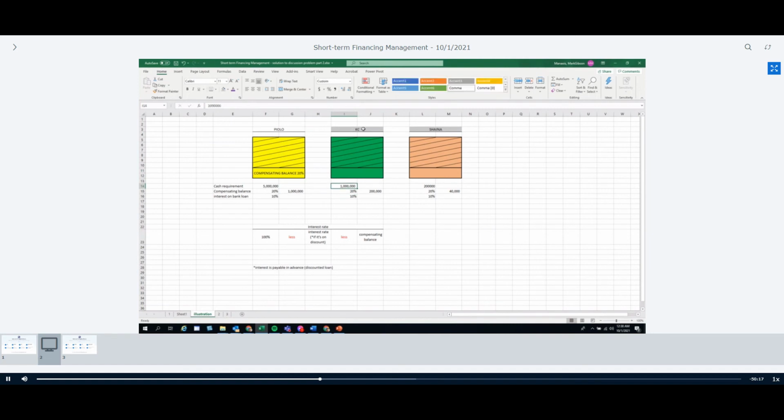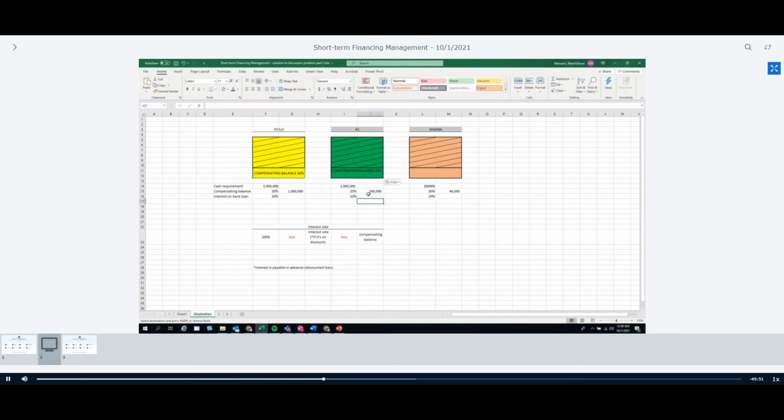Galing doon sa compensating balance na nasa account ni Piolo. Pwede bang gawin ng bangko yun? Pwede. Kasi nga, nasa kanila yung pera. So si Casey, nangutang ng 1 million kay BDO, again, there's a compensating balance of 20% amounting to 200,000.